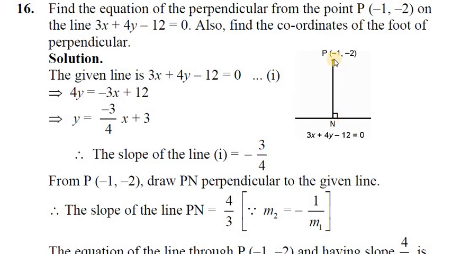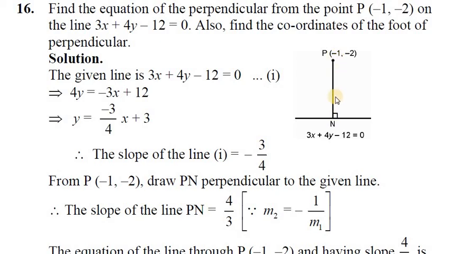So already we have got the equation of perpendicular PN. So if we know the equation of PN and this base line, then the foot of the perpendicular is nothing but the intersection of these two lines. So this is the point of intersection of two lines, which can be obtained by solving the equations.